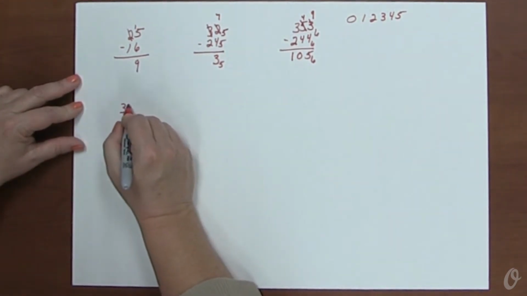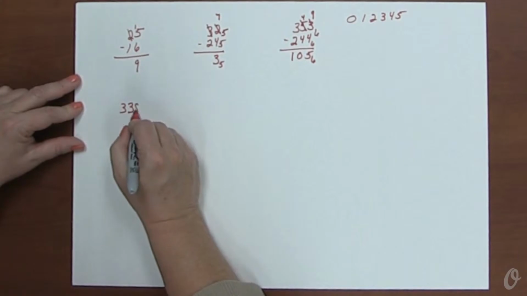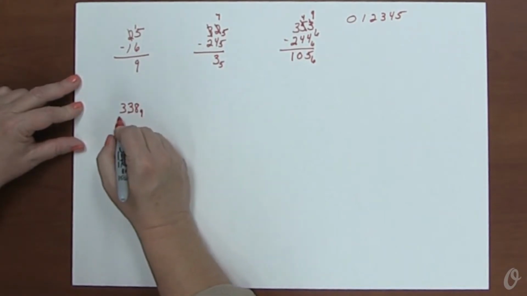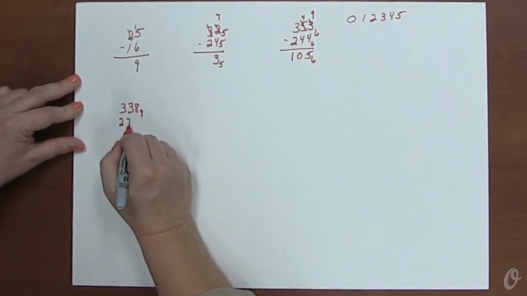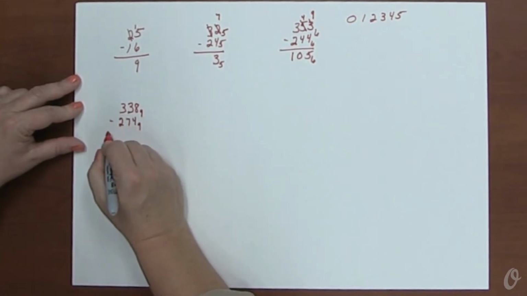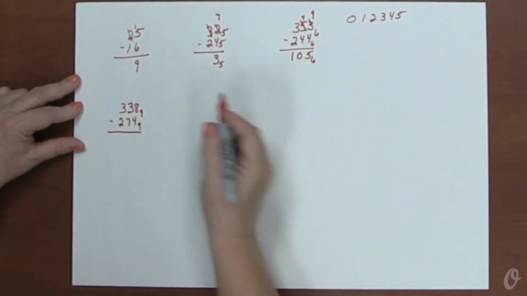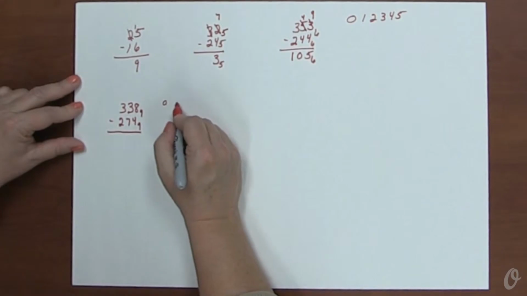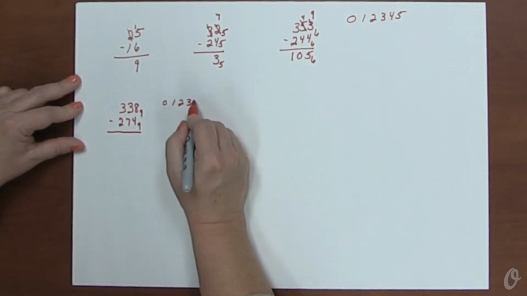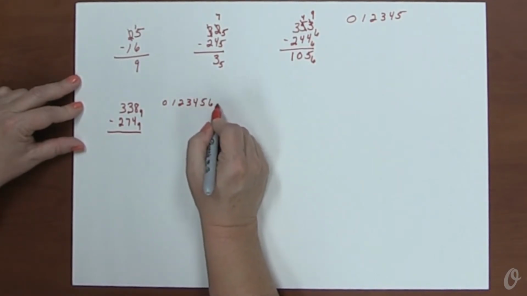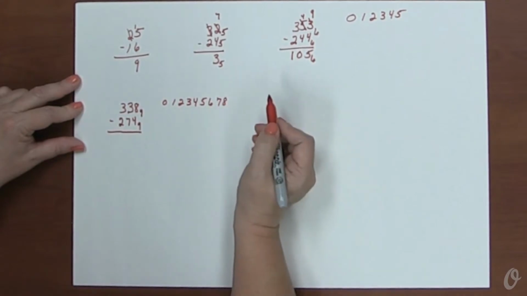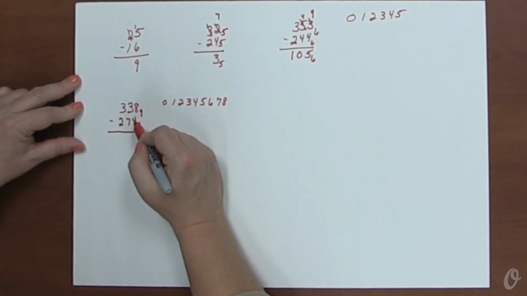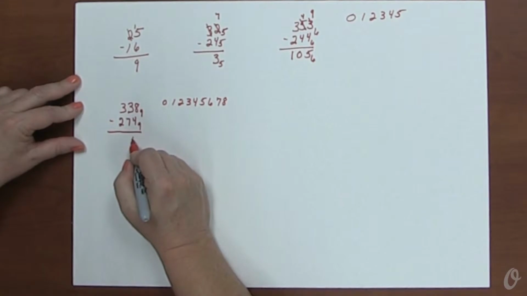Let's look at 3, 3, 8, base 9, minus 2, 7, 4, base 9. Now in base 9, my symbols will be 0, 1, 2, 3, 4, 5, 6, 7, and 8. Now 8 minus 4 is 4.